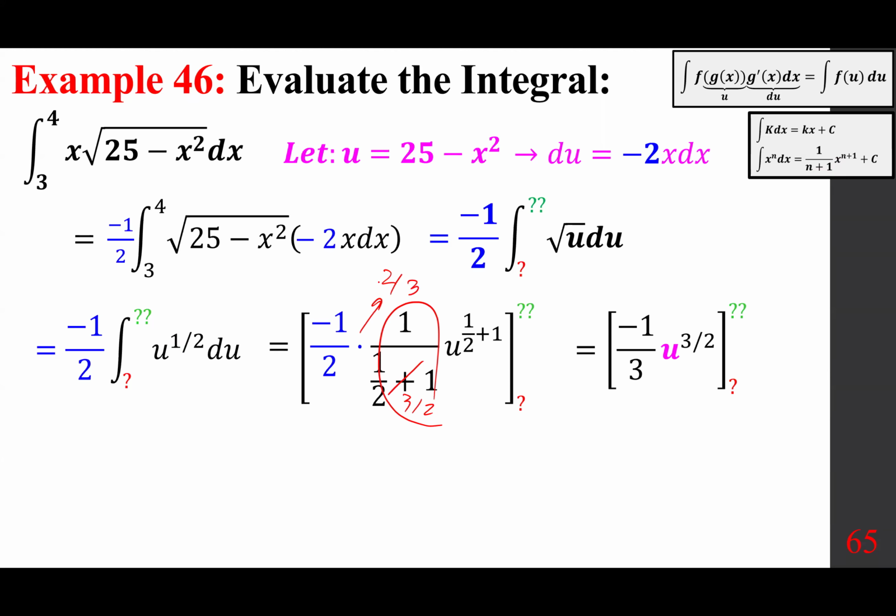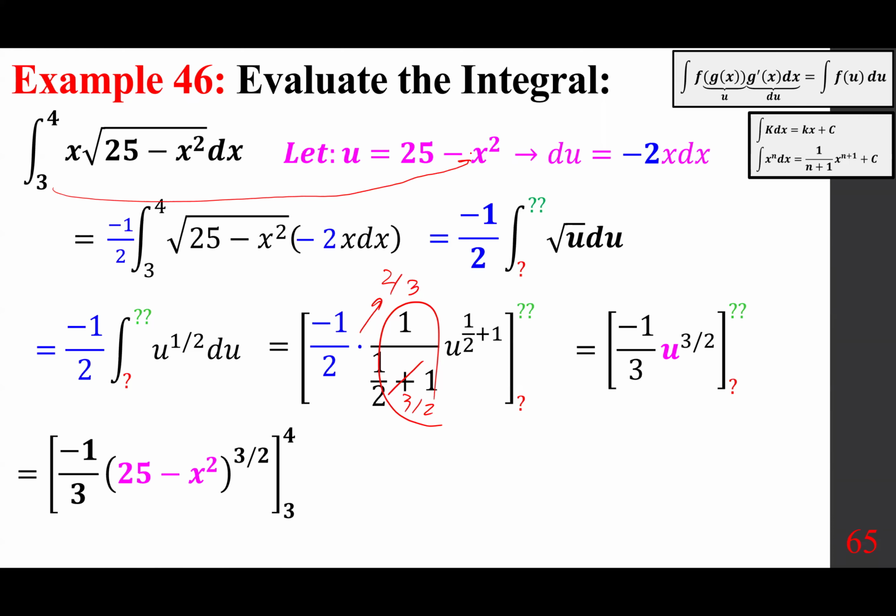I can always go back to the original variable, namely x, and I'm going to replace the u with 25 minus x squared, and I use the original limits. You can always do that. However, it's normally easier to go with the new limits, with the new variable and new limits. So if I plug in 3 here, I get 9.